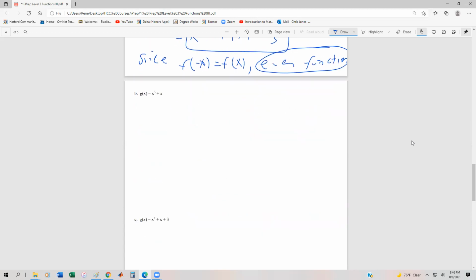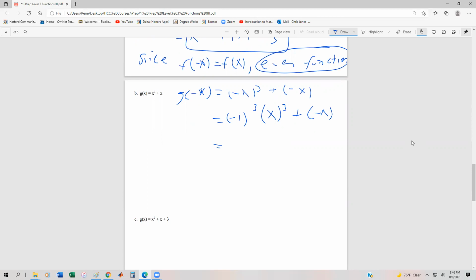Another example is if we substitute negative x back into this function g, and this is going to be negative x cubed plus negative x. And again, similar to what we looked at before, another way to write this is -1 to the third times x to the third plus a negative x.